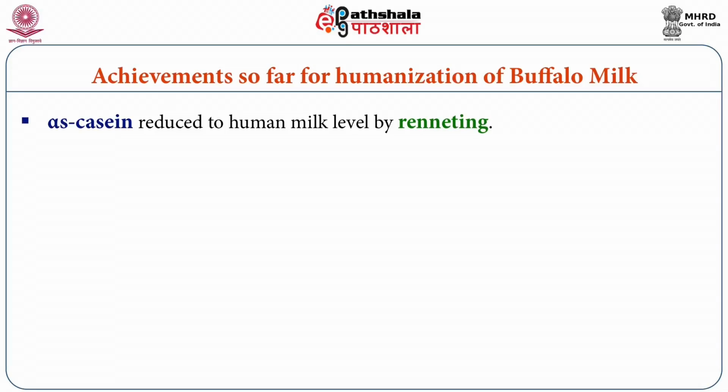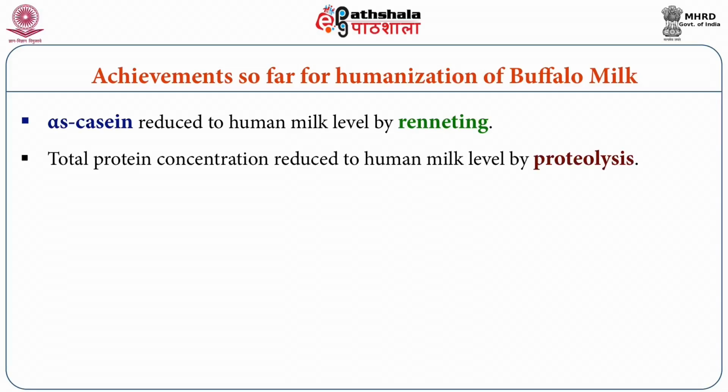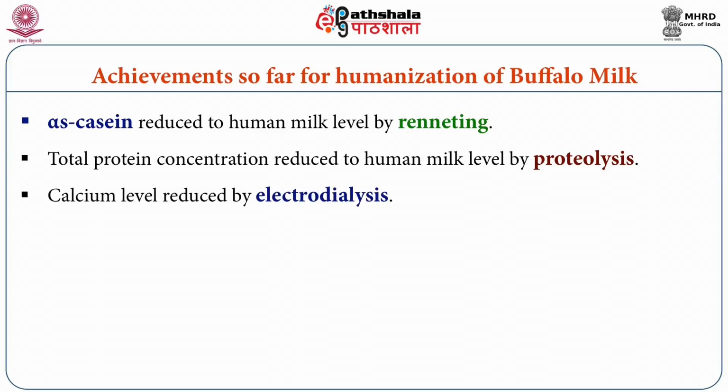The first achievement is alpha S casein reduction to human milk levels by use of proteolytic enzymes such as rennet or trypsin. The second achievement so far is total protein concentration reduction of cow milk or buffalo milk to human milk levels by proteolysis. Third achievement is reduction in calcium levels by electrodialysis method.